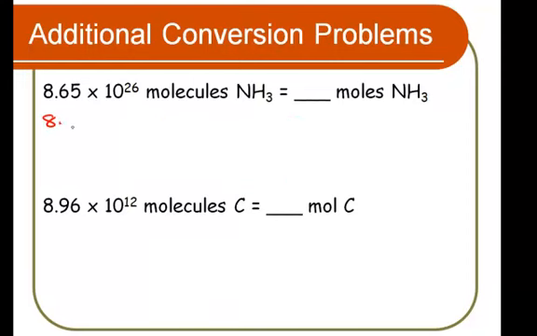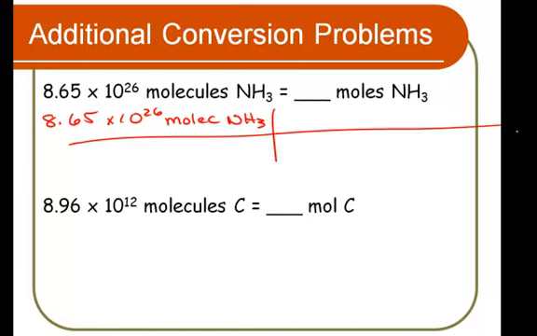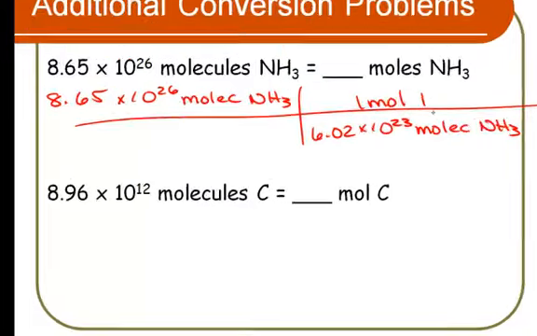So we take our 8.65 times 10 to the 26th molecules of ammonia, and here we're going to put 6.02 times 10 to the 23rd molecules on the bottom, and our 1 mole on the top.